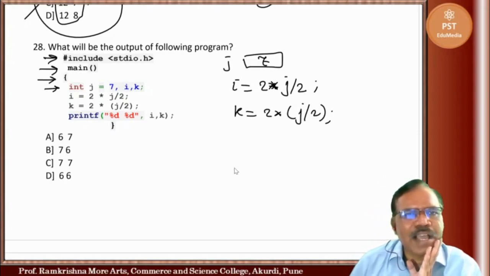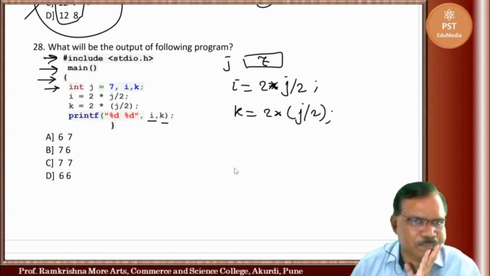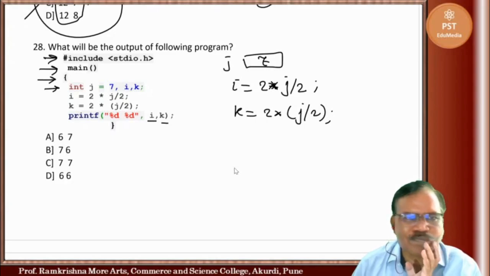We have to print i and k. Will 7 be the answer, sir? 7.